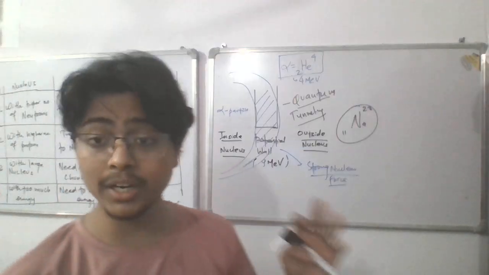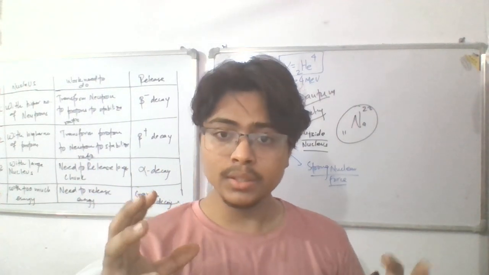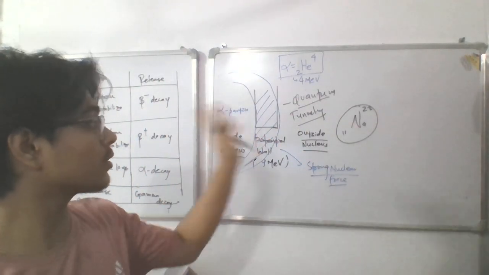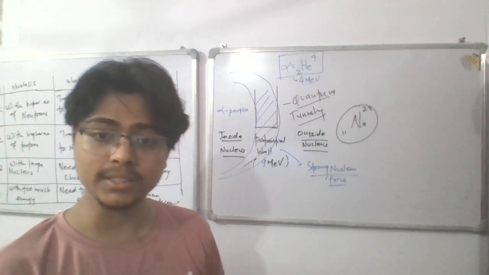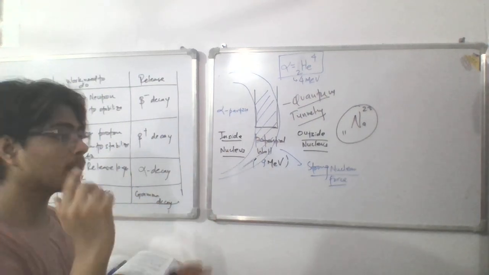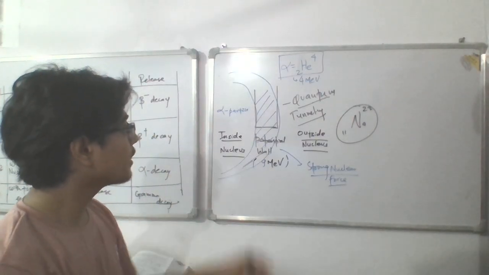So the nucleus is smart. It makes the chunks just as large as the alpha particles to throw them out of the nucleus to stabilize themselves. Quite genius, isn't it? So these are some insider details about what's going on in the nucleus.